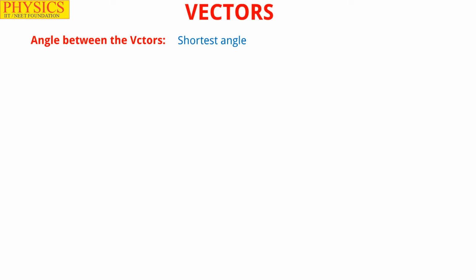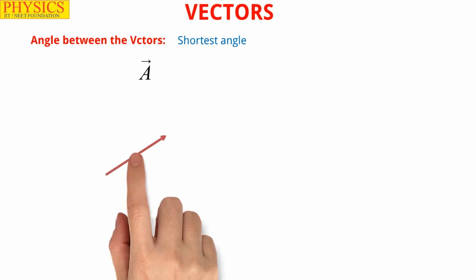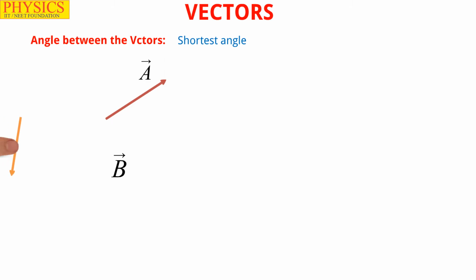Consider two vectors A bar and B bar. They are co-initial vectors. Now, I want to rotate vector A towards vector B in two ways. One is the clockwise direction through an angle θ1 and the other is the anti-clockwise direction through an angle θ2.